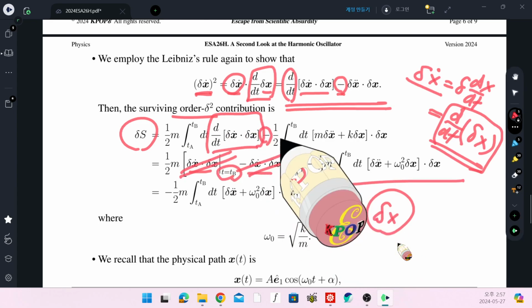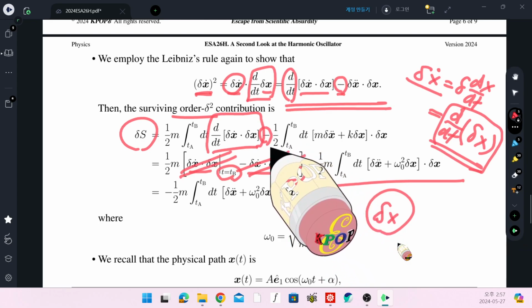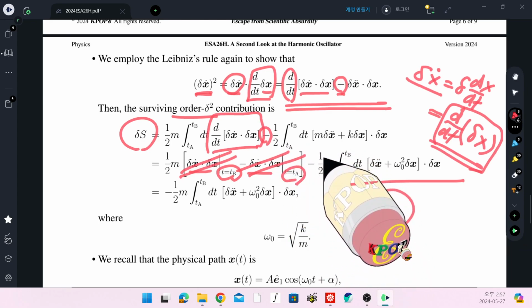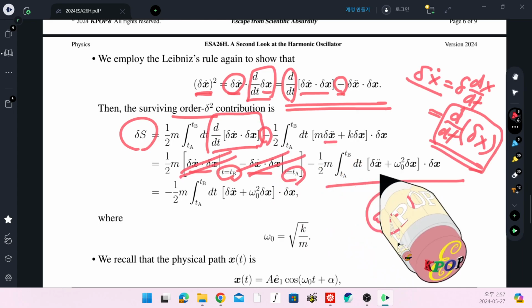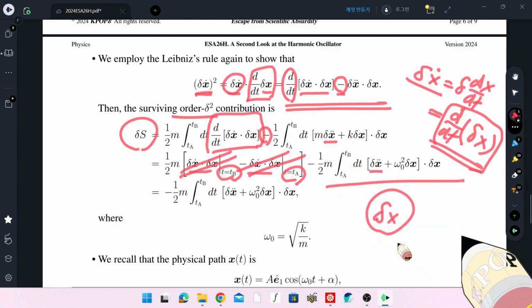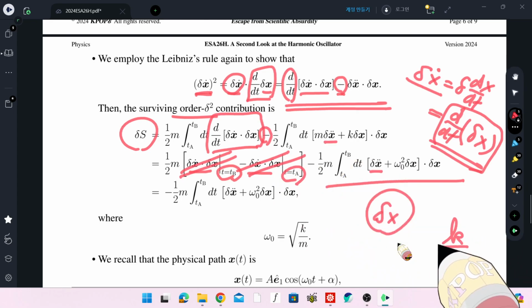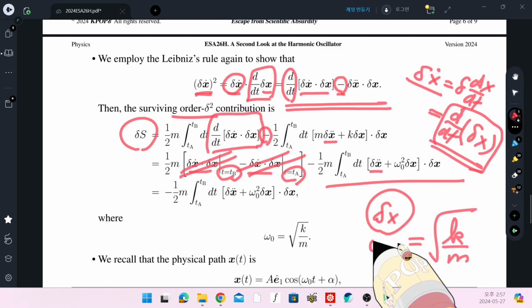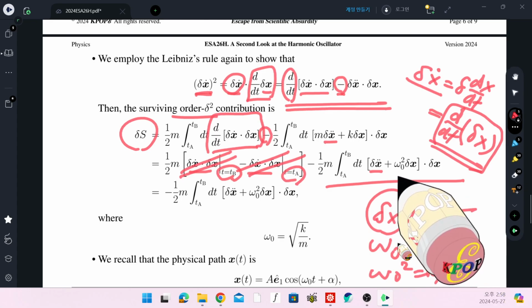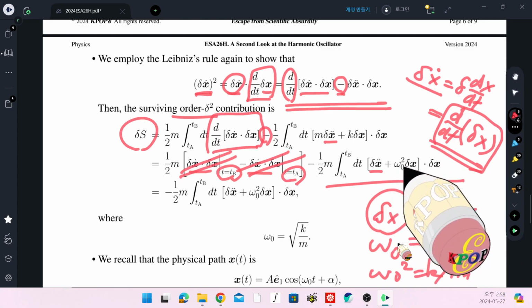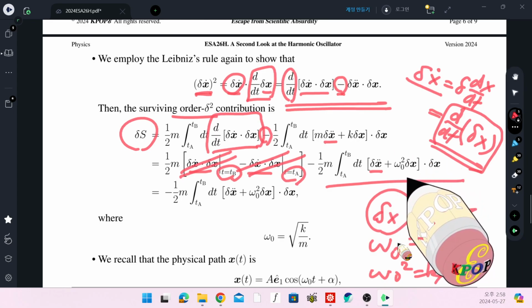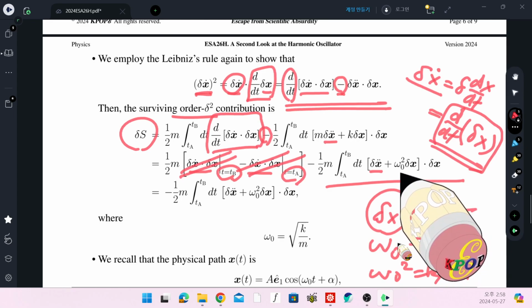And we find 1/2 times minus m, and this one is copied here, and we know the square root of k over m is omega 0, so omega 0 squared is k over m. The square of the characteristic frequency of the simple harmonic oscillator is given in here.